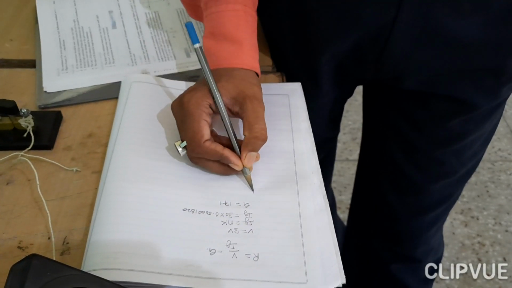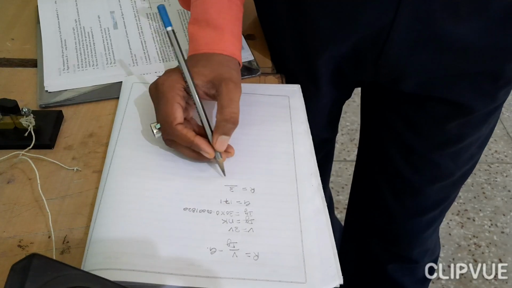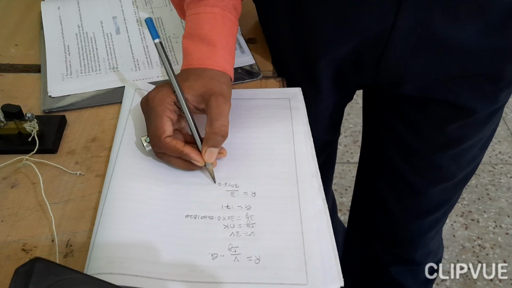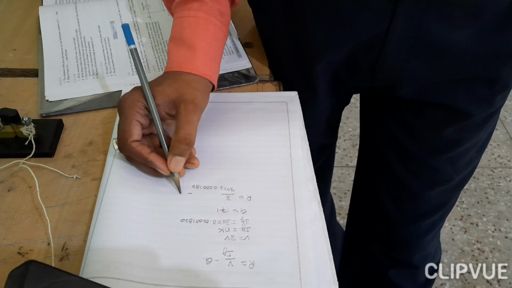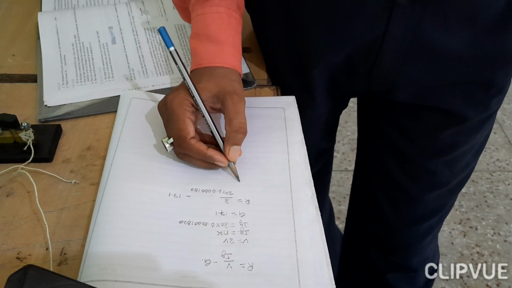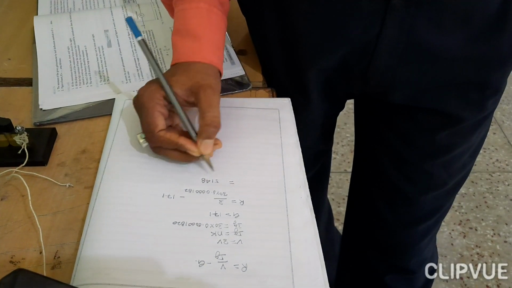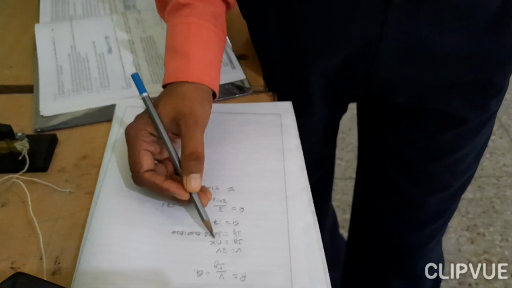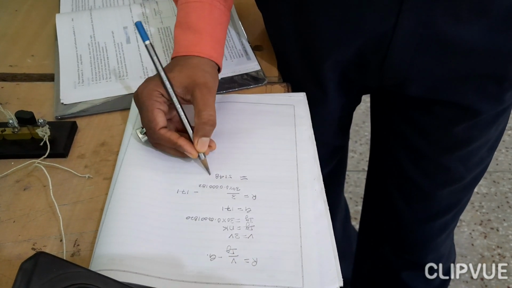So we can now calculate the value of R, which is equal to V, that is 3 volt, upon N into K, 30 into 0.00001820, minus 171. The value is approximately 5148. This value can vary depending upon the value of N as well as the voltmeter range that we are taking.